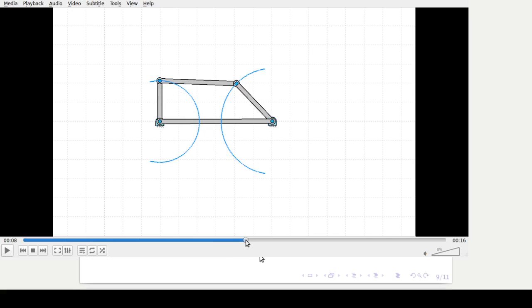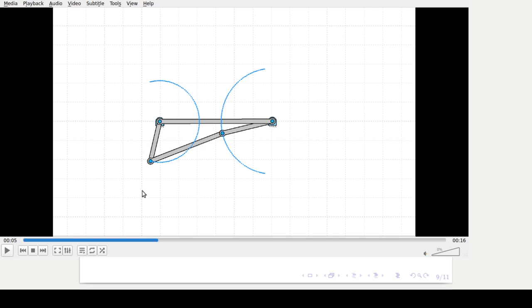Once it reaches this configuration, these link lengths do not let this link go further in this direction. The same goes for this configuration as well. This link cannot go further in this direction.